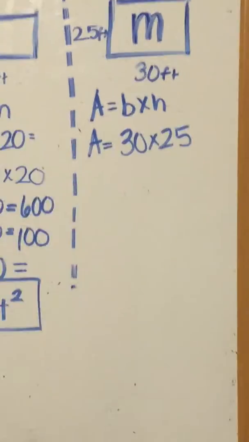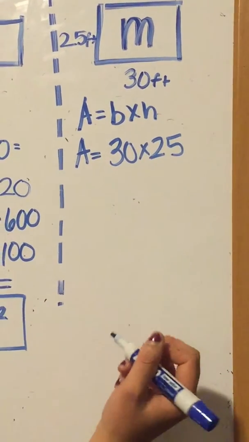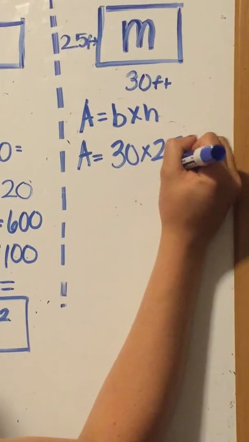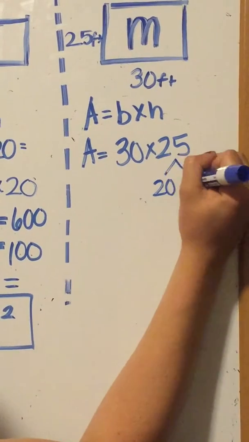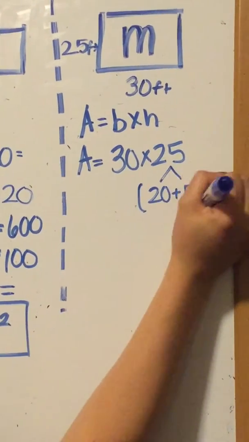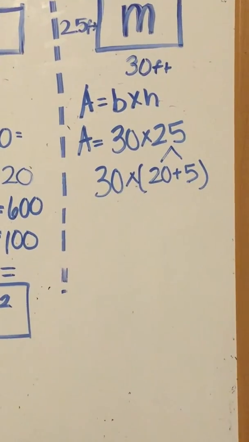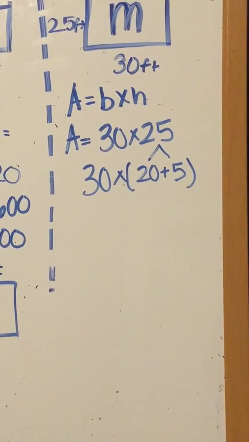Since 25 and 30 are hard to multiply, like we did with Carl's garden, we are going to break up 25 into 20 plus 5 times 30 to get the area of McKenna's garden.